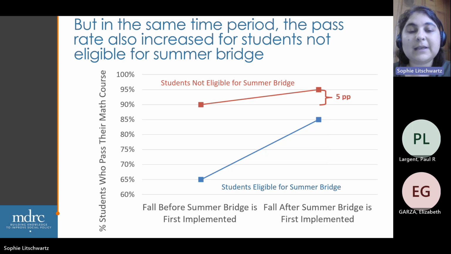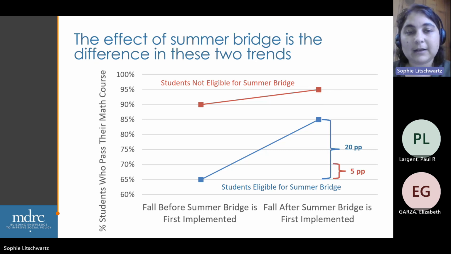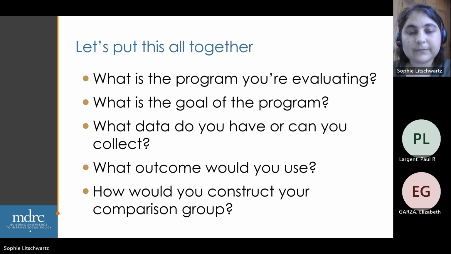But at the same time, if I look at students not eligible for summer bridge, their pass rates increased 5%. And so the way I'm going to calculate the effect of summer bridge is the difference between these two trends. I'm going to take 20, I'm going to take 5, and I'm just going to take the difference. I'm going to say the effect of the program was 15 percentage points.